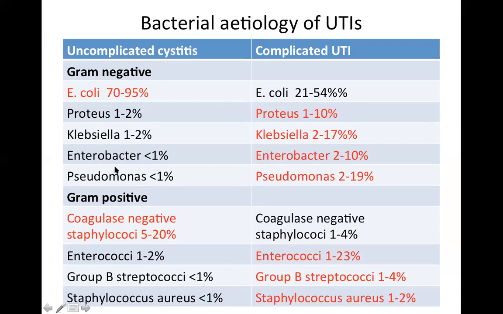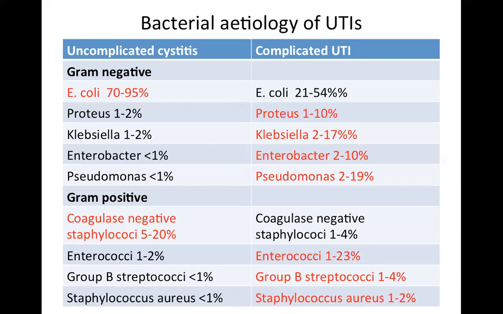But even among these two, by far the commonest organism is E. coli. When you consider complicated UTI, the spectrum is much different, where other organisms like Proteus, Klebsiella, Enterobacter and Pseudomonas come into the picture, and also other gram-positive organisms like Enterococci, Group B Streptococci, or Staphylococcus aureus.